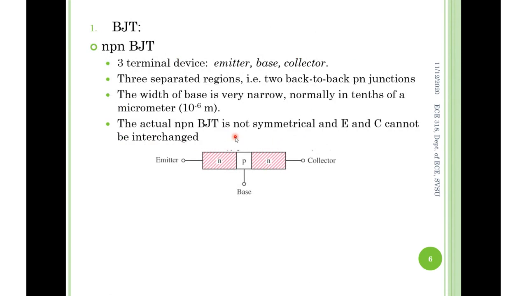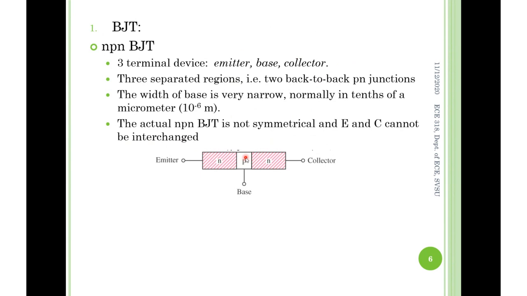Two types of MOSFETs are N-channel and P-channel, and two types of BJT are called NPN and PNP. What does it mean by NPN and PNP? It's very easy. You can understand it this way: NPN means you have two N-type semiconductors, and in between, you have a P-type semiconductor.